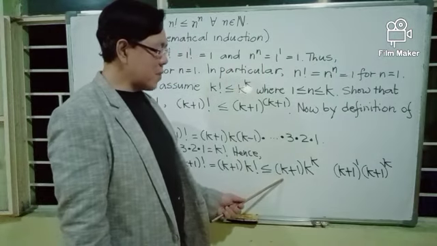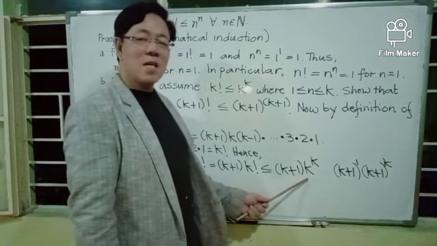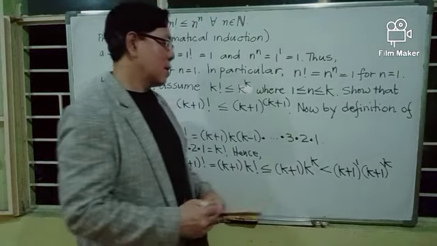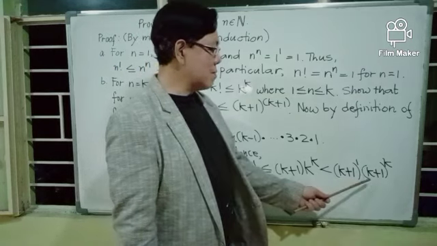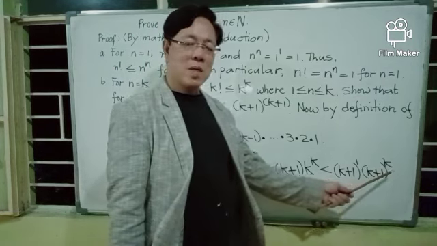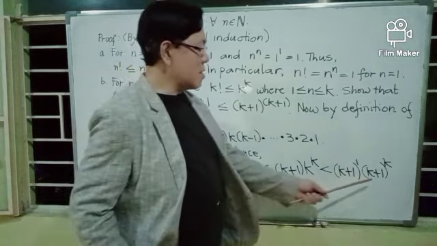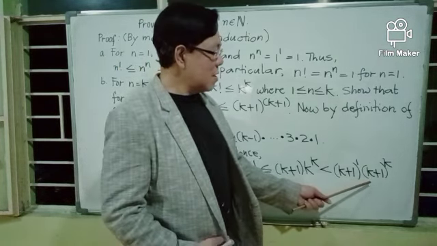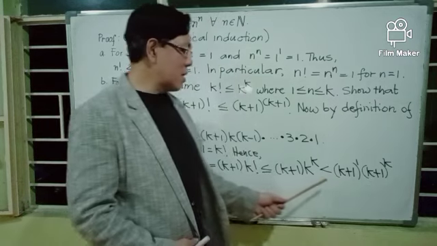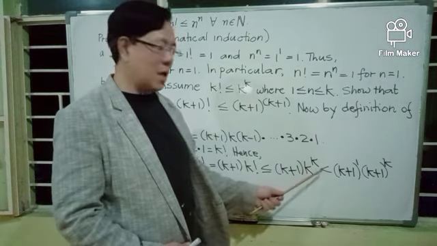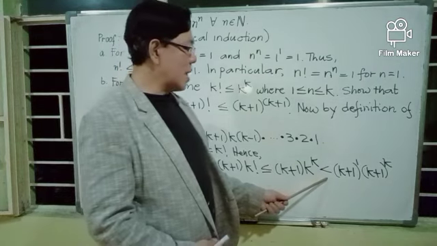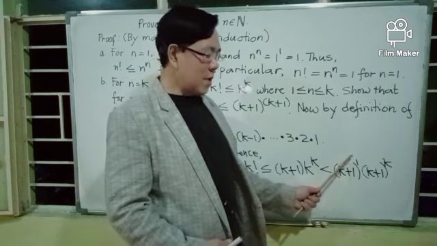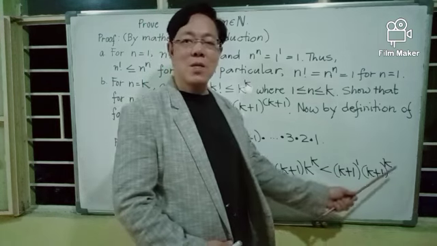Now this product, k plus 1 times k to the power k, is less than k plus 1 multiplied by k plus 1 to the power k, because the base k plus 1 is 1 more than the base of k to the power k. So this product is less than k plus 1 raised to 1 multiplied by k plus 1 to the power k.